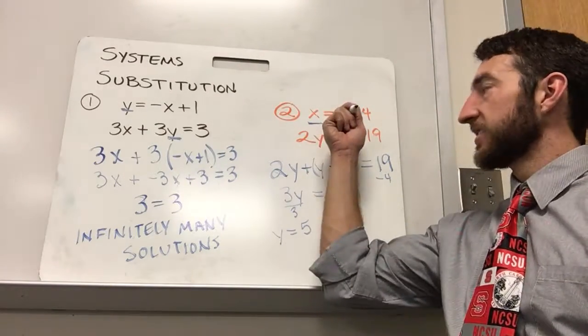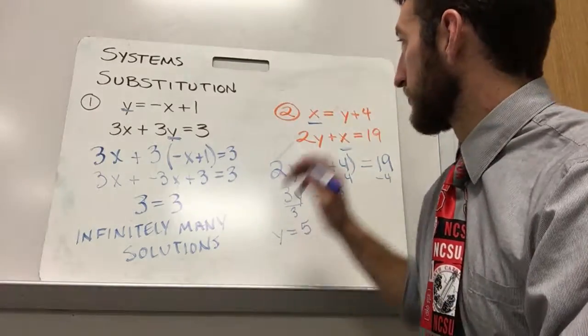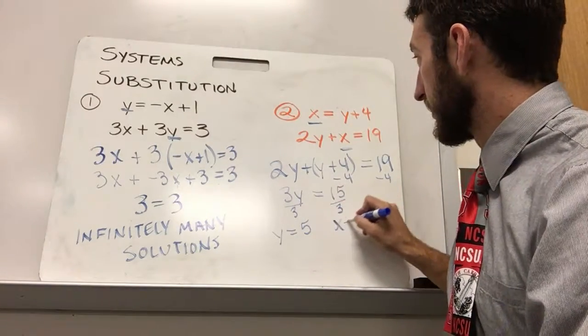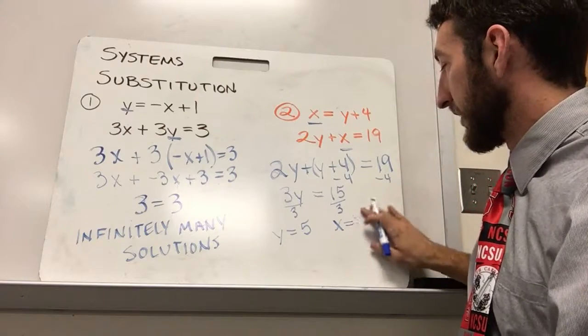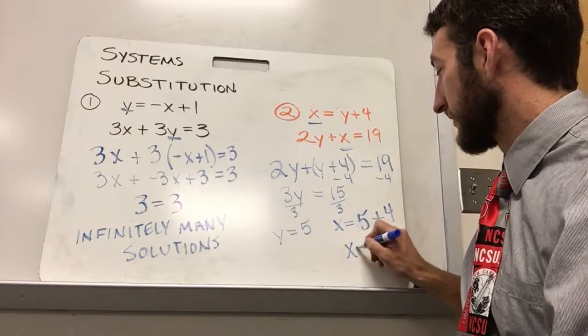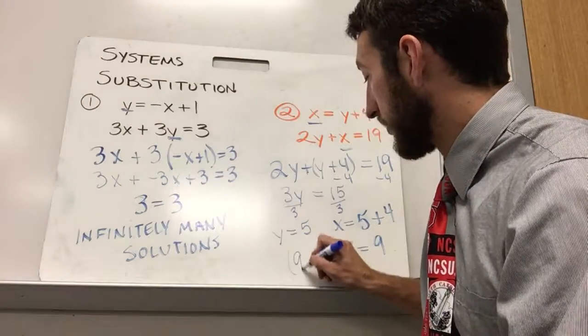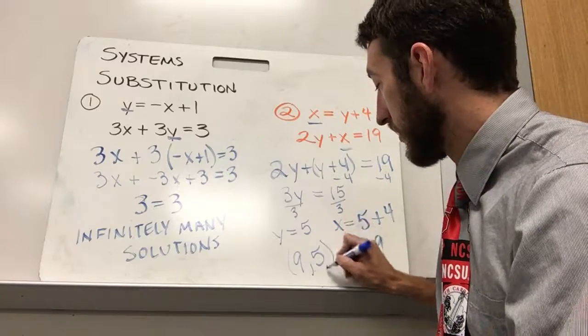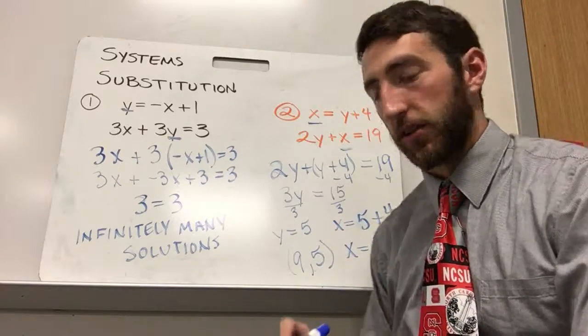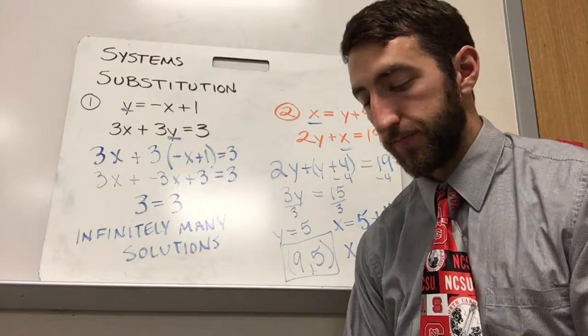This equation already has a y in it, so I can just plug it in and get x. So x equals y, which we replaced with a 5, plus 4. So x is equal to 9. And remember, we always want to put it in an ordered pair. So 9, comma 5. That is our solution for that system.